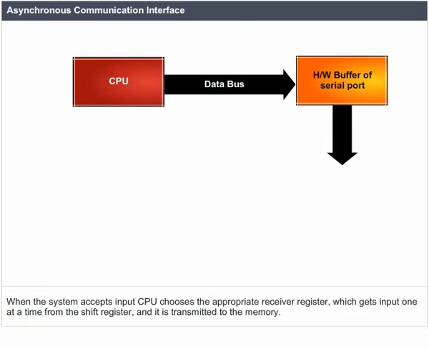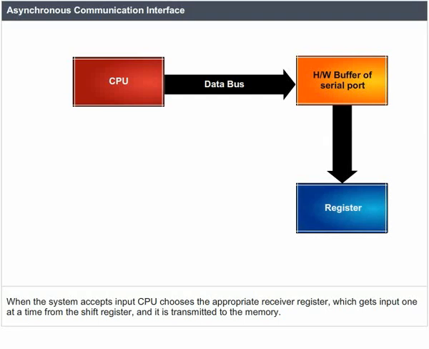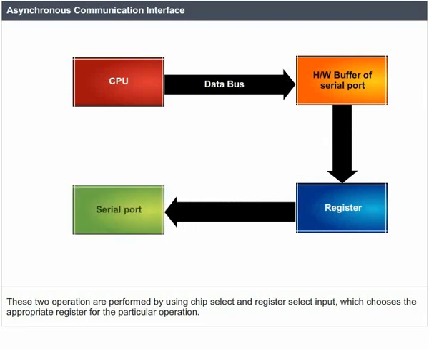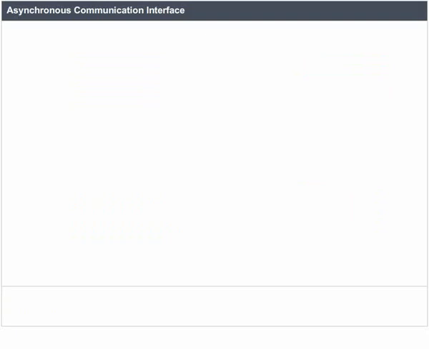When the system accepts input, the CPU chooses the appropriate receiver register, which gets input one at a time from the shift register, and it is transmitted to the memory. These two operations are performed by using chip select and register select inputs, which choose the appropriate register for a particular operation.